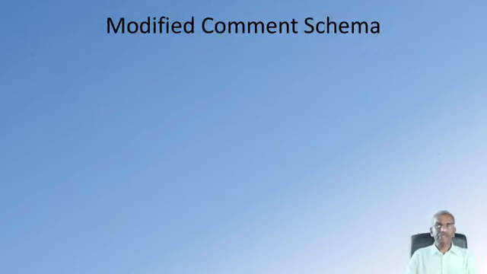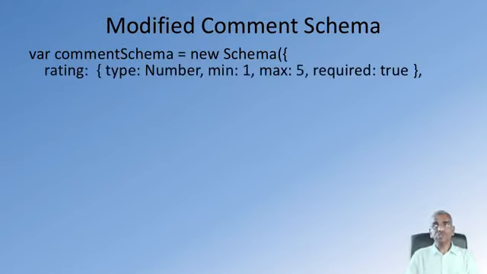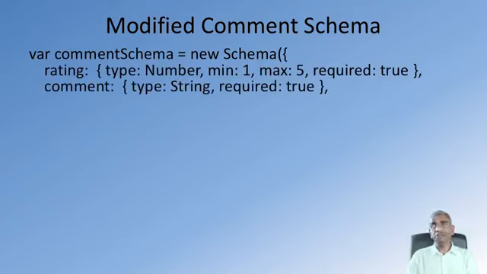Taking this idea further, let me show you a detailed example from the comments schema that we have defined earlier. So in the comments schema, we already have the rating field and the comment field, which we have already specified there. We also used to have the author field earlier. For the author field, earlier we were storing the author as a string and the default value also for the author.